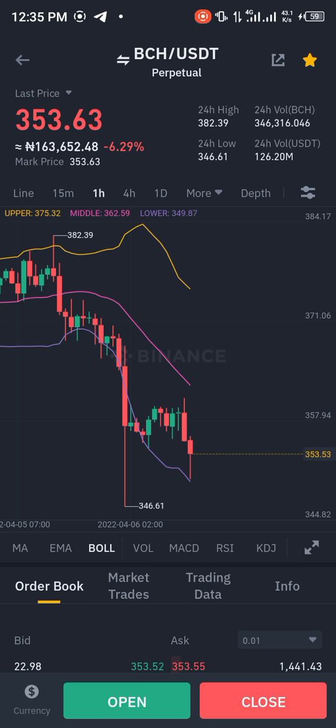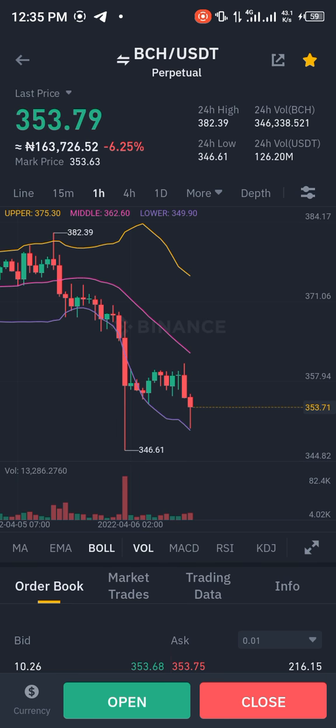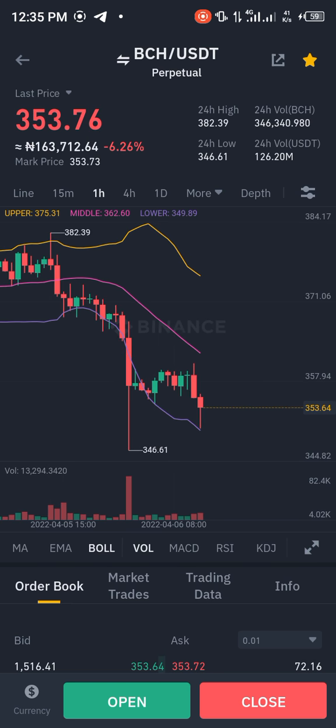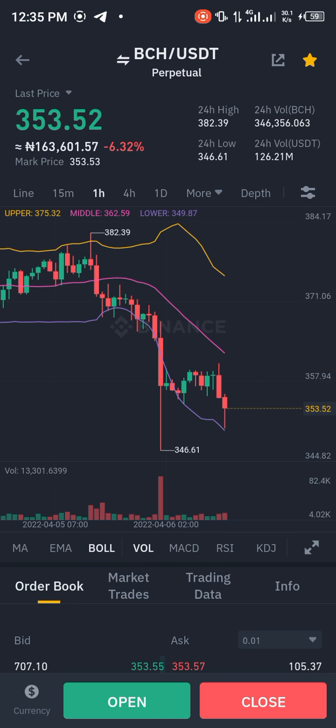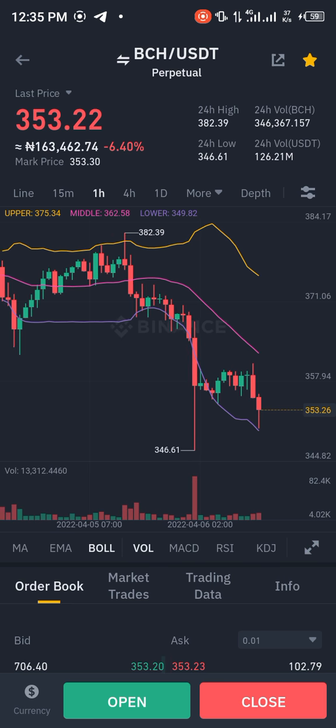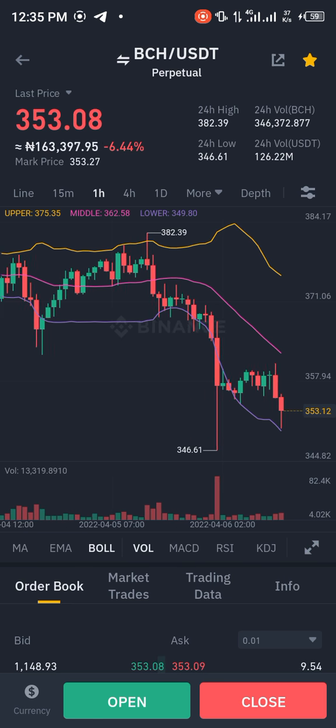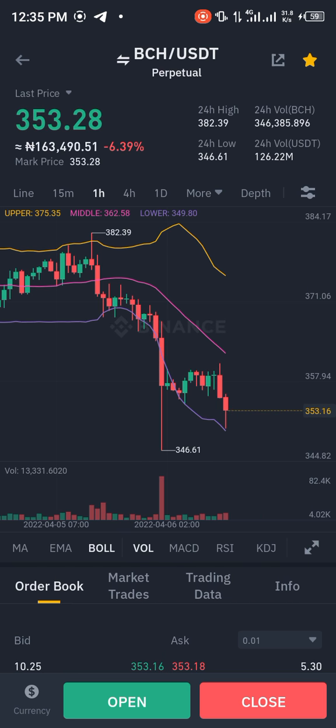So that aside, the next is the volume. The volume here indicates at the bottom. I told you in the former video on indicators that when low volumes are more than high volumes, the market will probably go bearish. The probability for it to go bearish is high. If you look at the recent volumes here, in the 1 hour time frame, you see that the low volumes are more than the high volumes.